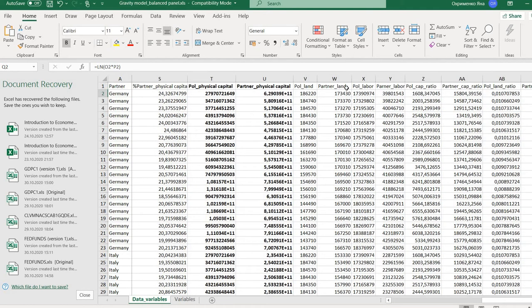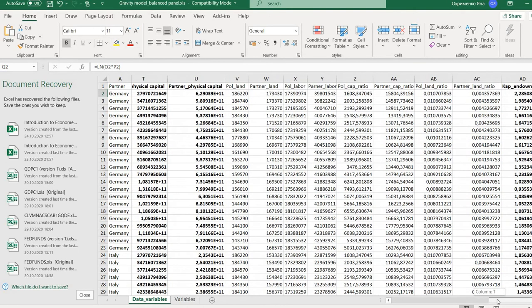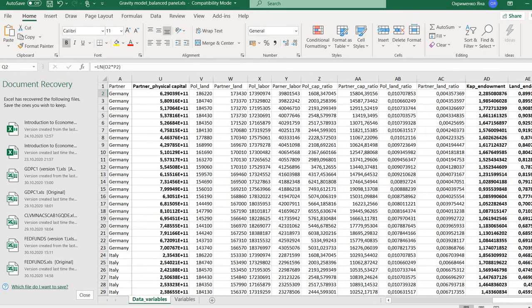This stands for absolute land endowment, like arable land, area of arable land, and the size of the labor force. So then I calculated capital per worker ratio in Poland, capital per worker ratio in partner country, land per worker ratio in Poland, land per worker ratio in partner country.